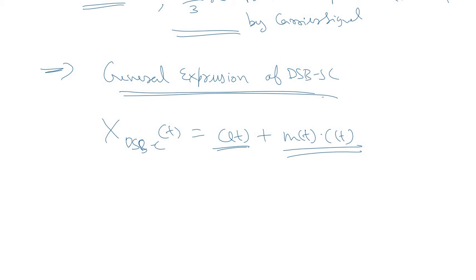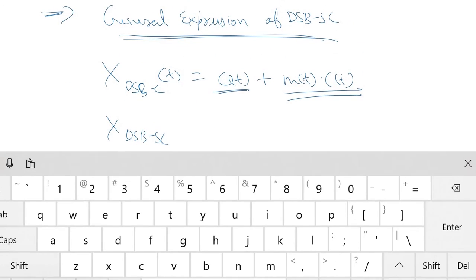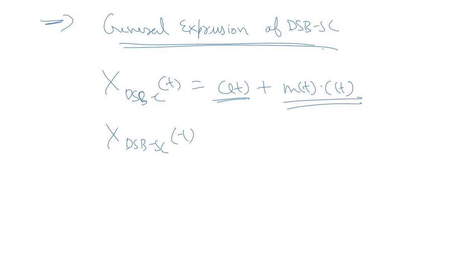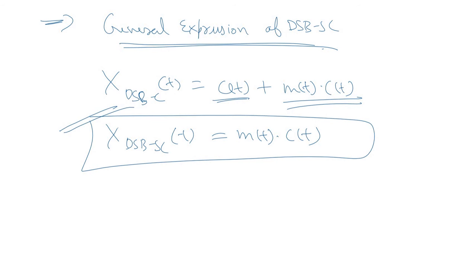On the contrary, the general expression of double sideband suppressed carrier type of signal will include only the multiplication of the message and the carrier signal. Since the carrier is being suppressed, it includes only the multiplication of message and the carrier signal. So this is the general expression for double sideband suppressed carrier signal.